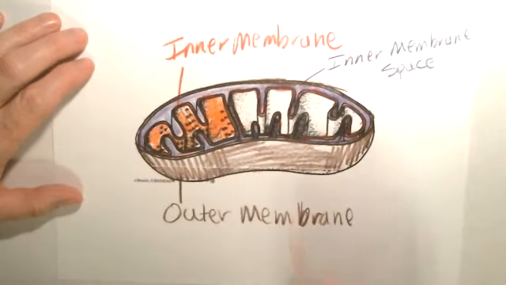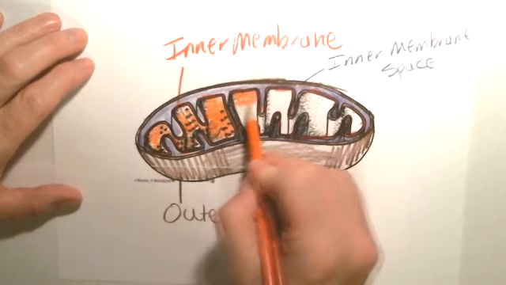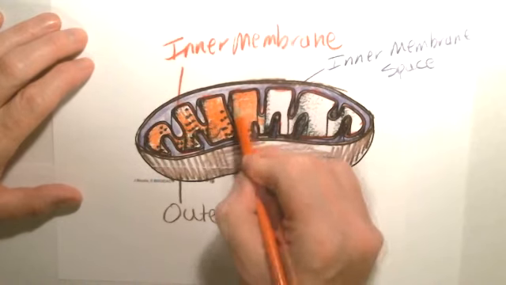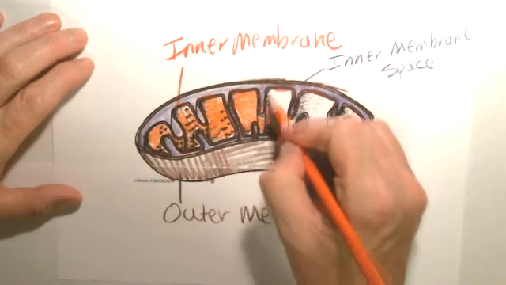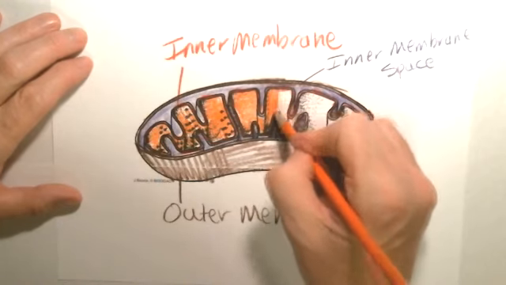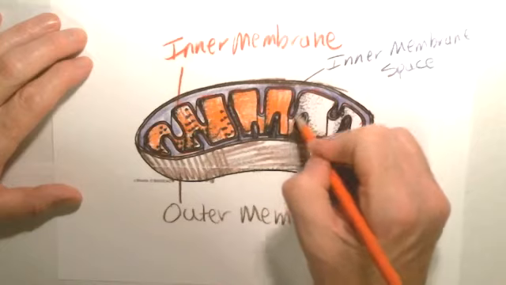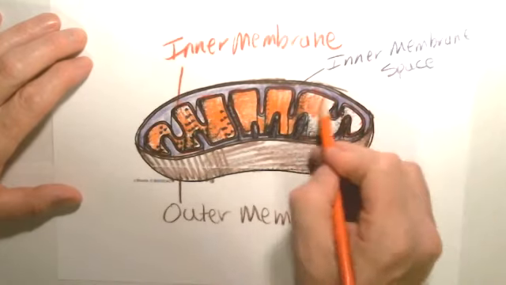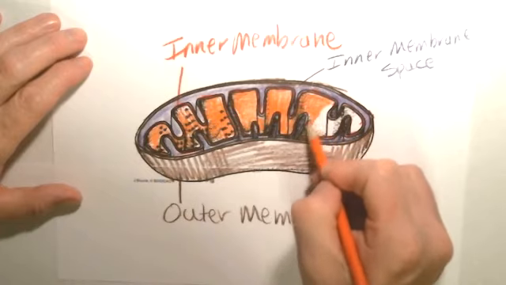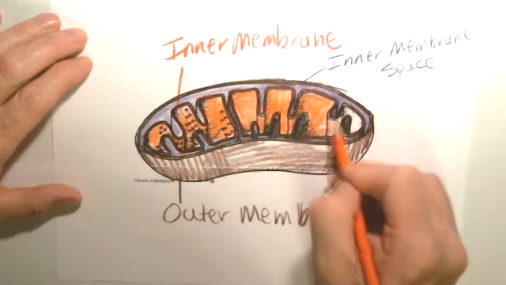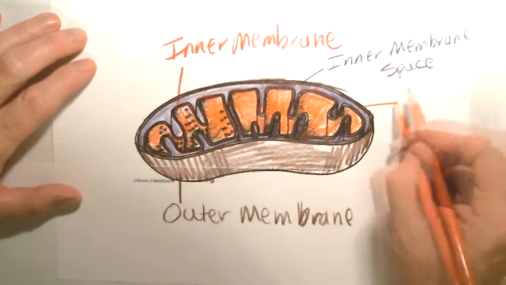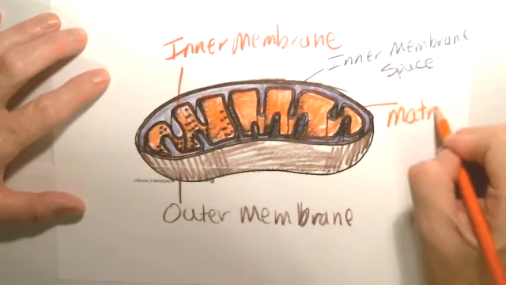It's a little thicker than that, and it contains a lot of enzymes, a lot of proteins, a lot of things. It's almost as if it was another cytoplasm, but this area is geared for cellular respiration, specifically for the aerobic side of cellular respiration. So all the area that's inside this inner mitochondria, that's called the matrix.